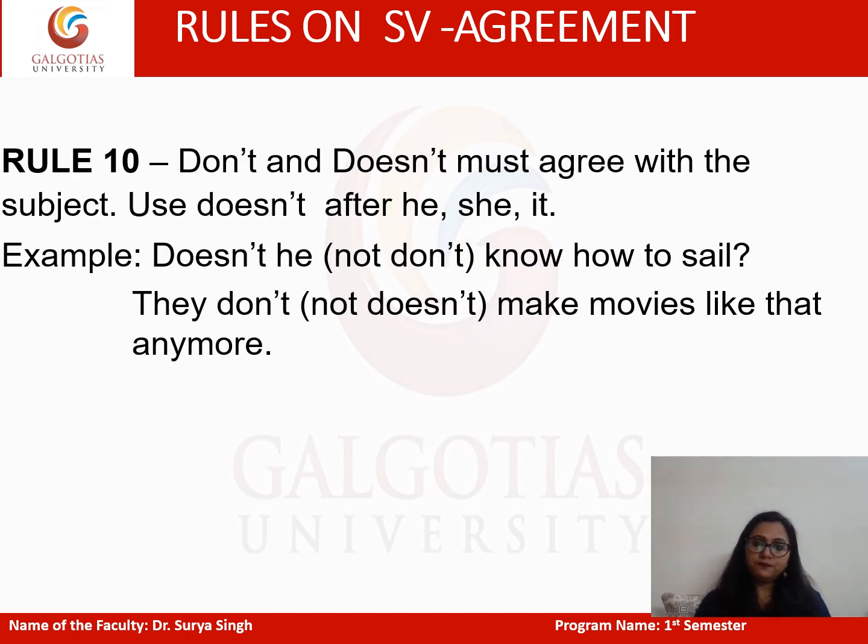Rule number 10. Don't and doesn't must agree with the subject. You always use does not after he, she, and it, whereas with other subjects we use do not.